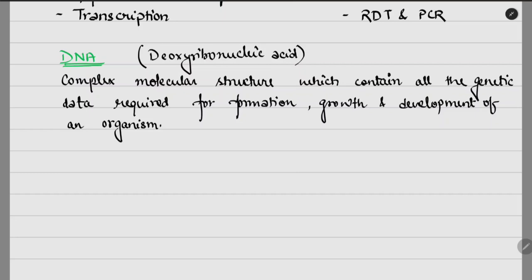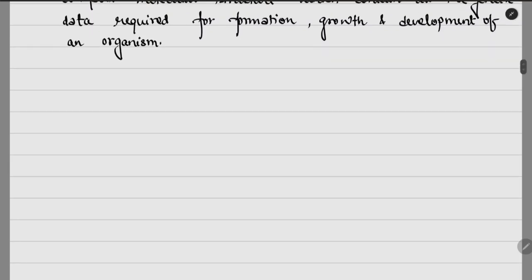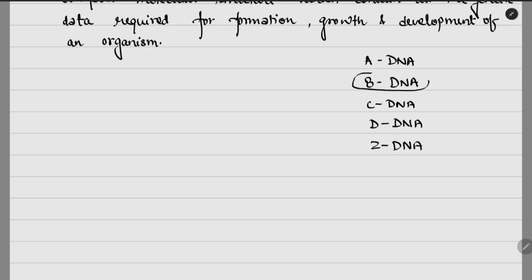Now the structure of DNA. The structure of DNA was mainly described by Watson and Crick in the year 1953. The main structure we are discussing is the B type of DNA. There are different types of DNA present in organisms. Some are A type DNA, some B type, C type, D type, and Z type DNA. Here the main DNA is the B type.